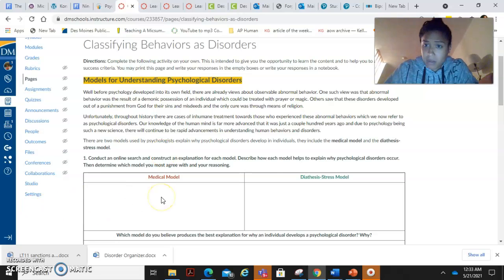We have the medical model, and that is 100% biological reasoning. So biological reasoning is why psychological disorders develop, like pregnancy. It's a good one, right?